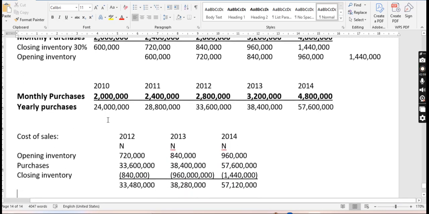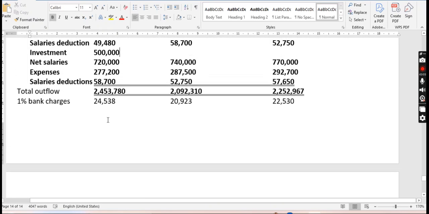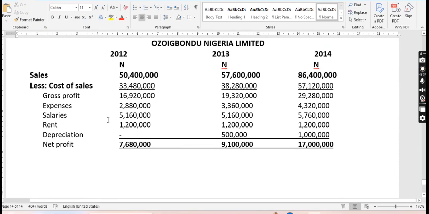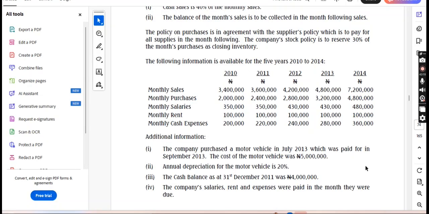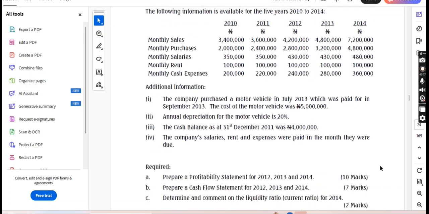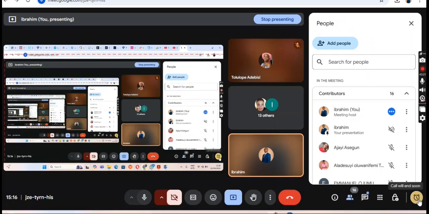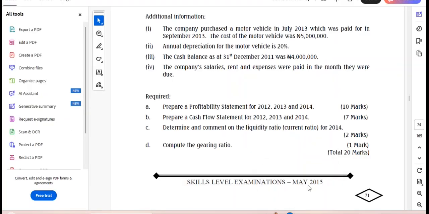Now, if this is established, the next question, please. So this is A. What is the B part of the question? B. Prepare cash flow statement.